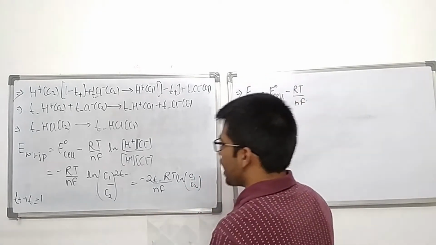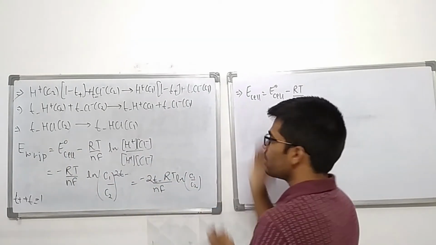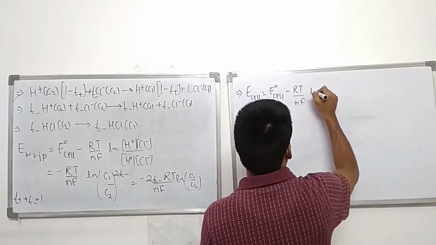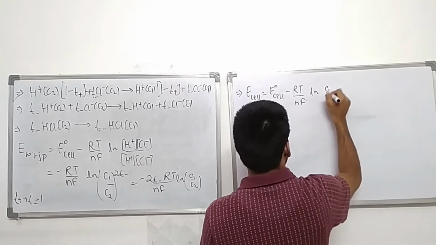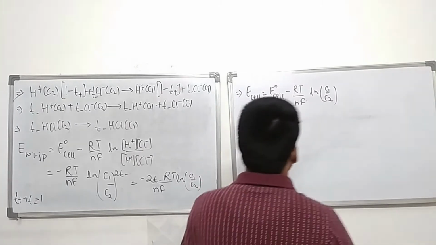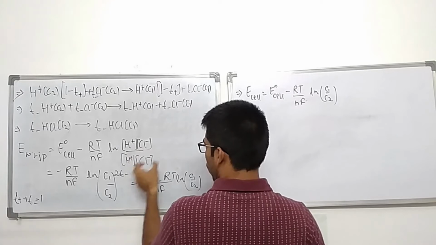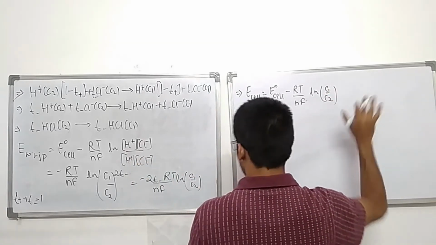The only difference is that you will not have this transference because there is no movement of ions across any junction. So this will have ln C1 by C2. That's it. Nothing else. And since in that case there will not be movement of Cl minus ions, that part also doesn't come in the reaction quotient.